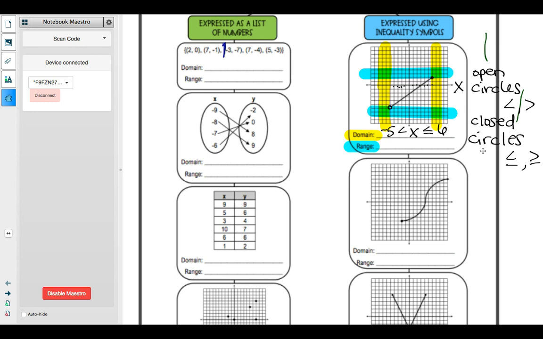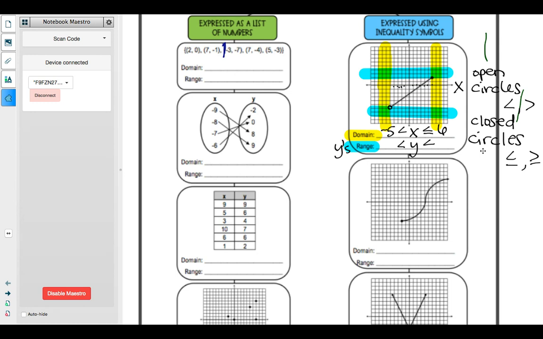It's almost like when you crop selfies, I don't want anything outside of those boundaries. When I look at range, I go from the bottom to the top. So let's write our range. Now remember, range is our y's. So I need to do y less than, less than. That's always how I start.